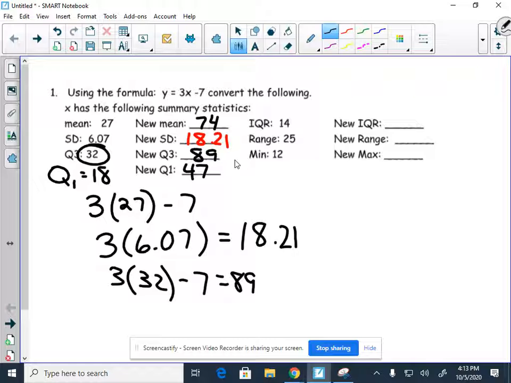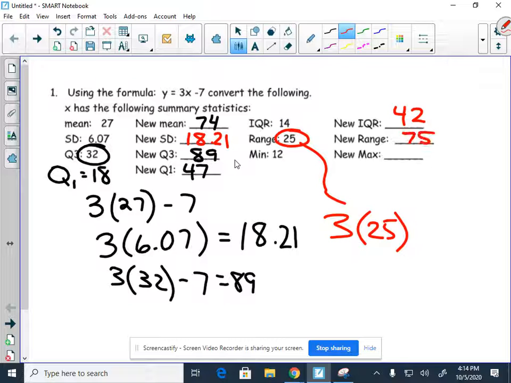The new IQR, we're going to take 3 times that IQR. We're going to get 42, but then it's not affected by the shift. Range also isn't affected by the shift.